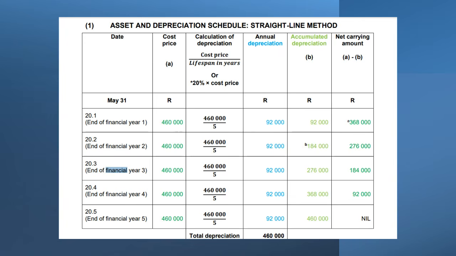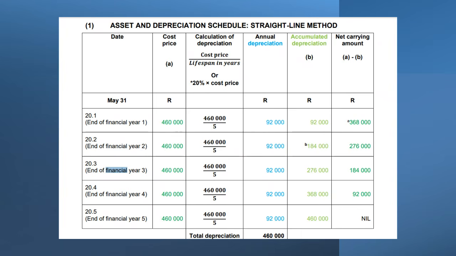What I would like to encourage you to do in this session is please listen here as I'm explaining how we made up this depreciation schedule, because you have it already in your learning unit. I'm sure most of you don't know where all these figures are coming from. So allow me to explain that.